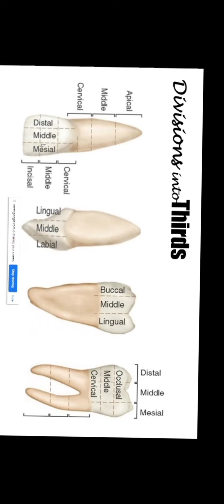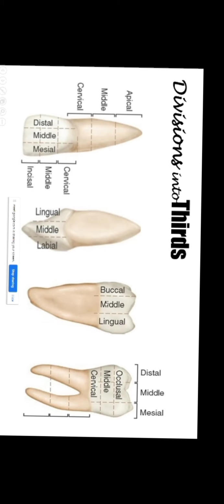Okay. You can also divide it labiolingually. You have labial third, middle third. For example, you say there is a discoloration. Which part of the crown? You have labial third. You can also divide it buccolingually.